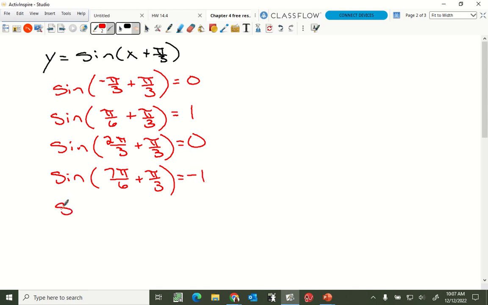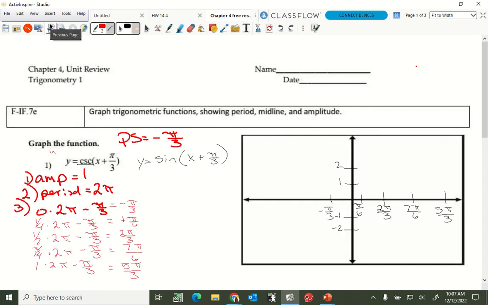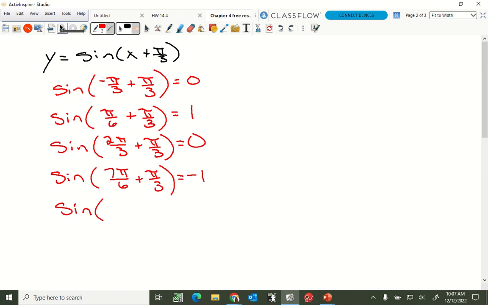And then sine at 5 pi over 3. And it's going to leave me with 6 pi over 3, which is 2 pi. 2 pi is all the way to the right on my unit circle. Sine all the way to the right is going to give me 0.